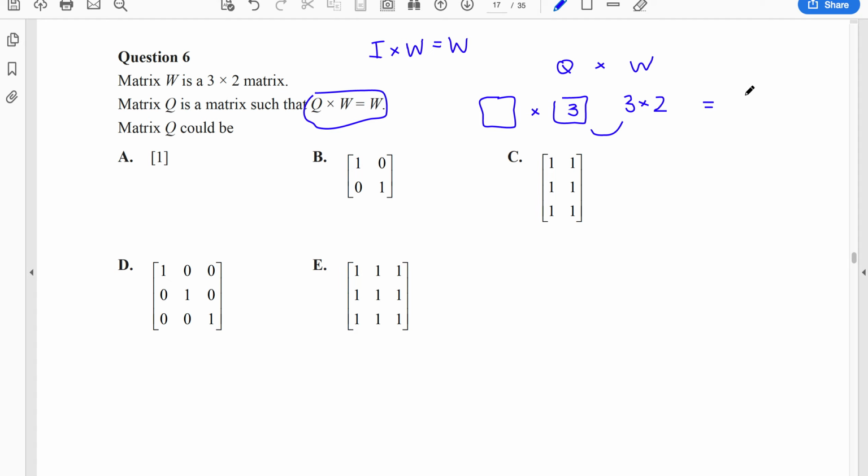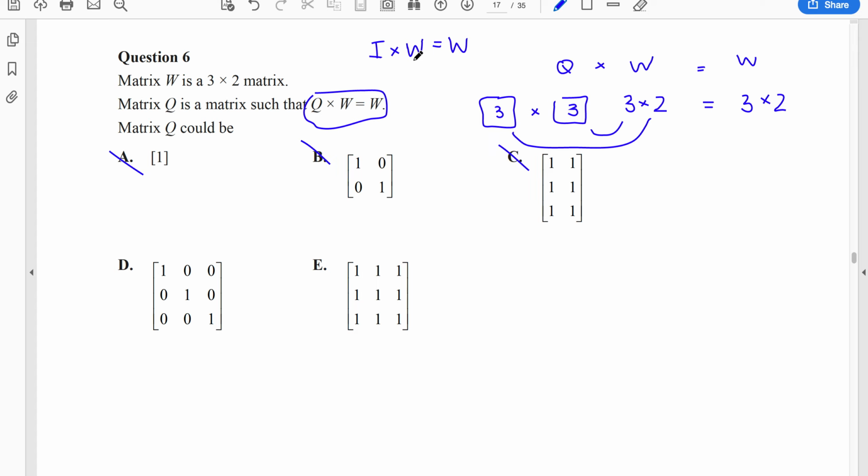But the answer is going to be a 3 by 2, since W is a 3 by 2, which means that this number has to be a 3 as well, because we get the 3 by 2 from these outside 2 numbers when we multiply 2 matrices together. So Q has to be a 3 by 3, so then we eliminate these 3.